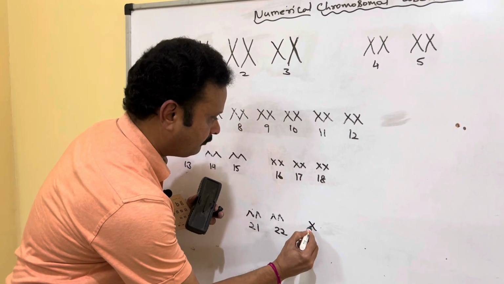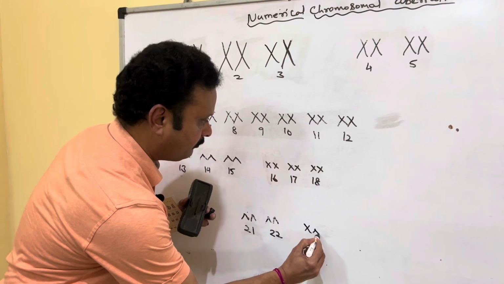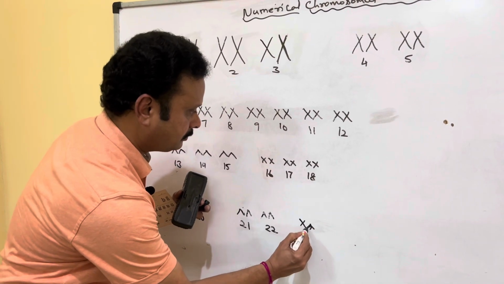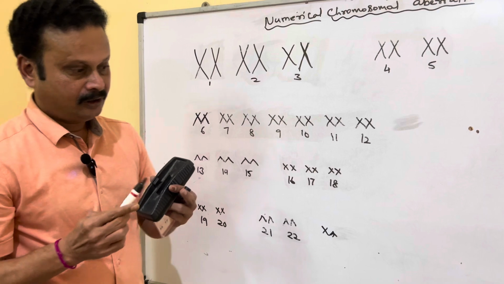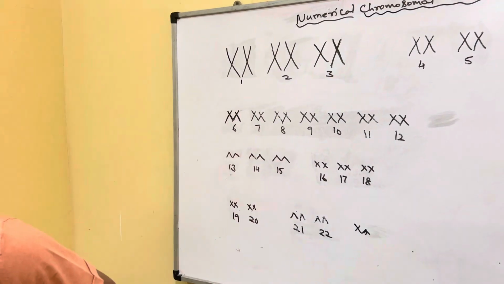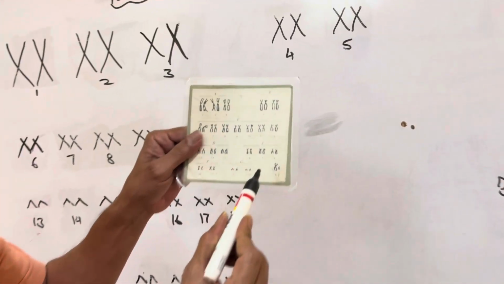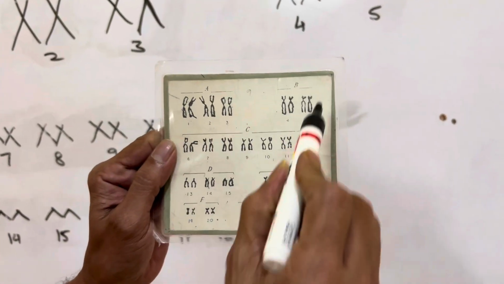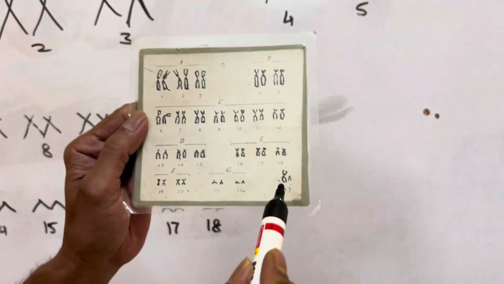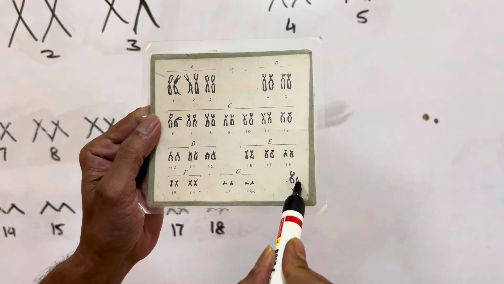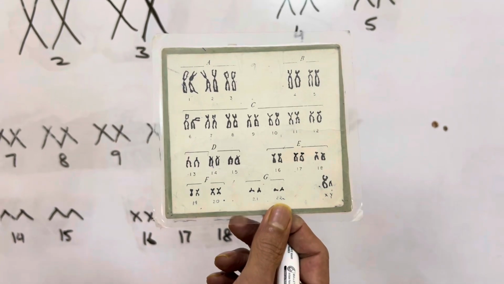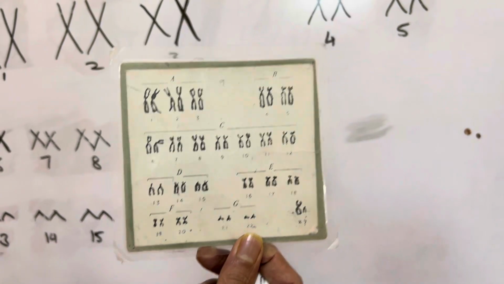So similarly, if at the end there is one X and one Y like this, it should be male karyotyping. That is this one, which is the male karyotyping. Nowhere any arrow mark is indicated in the chart, but at the end there is one X chromosome and one Y chromosome. So this is a normal male karyotyping.